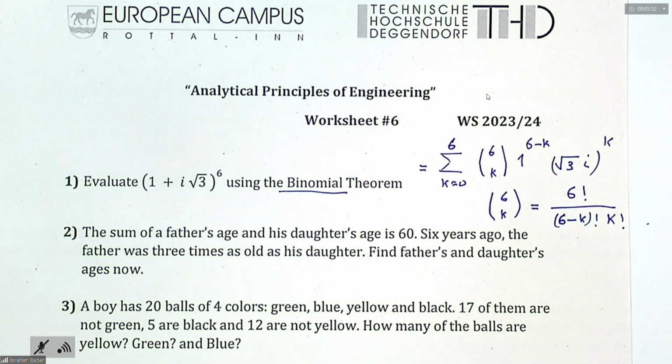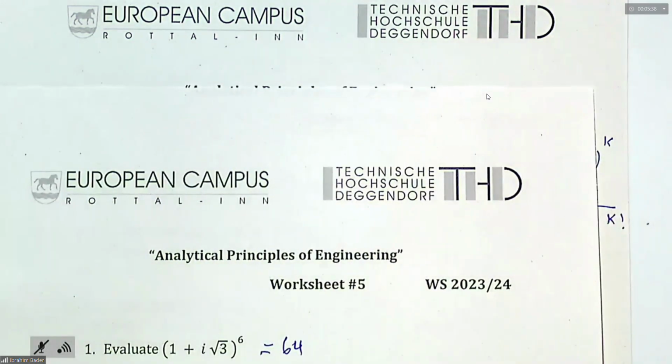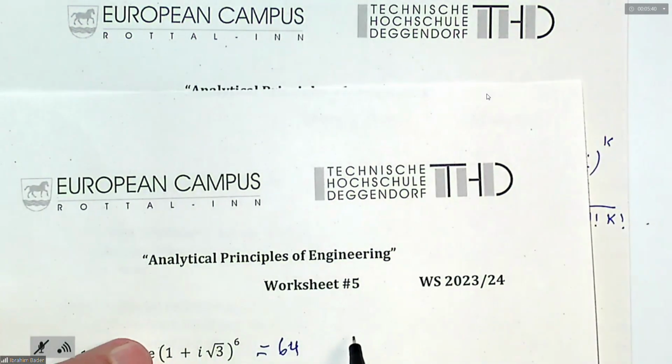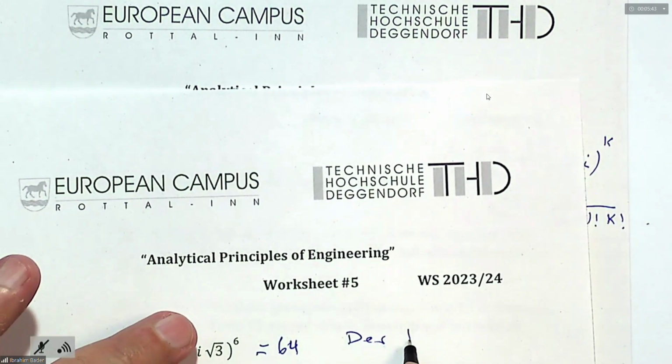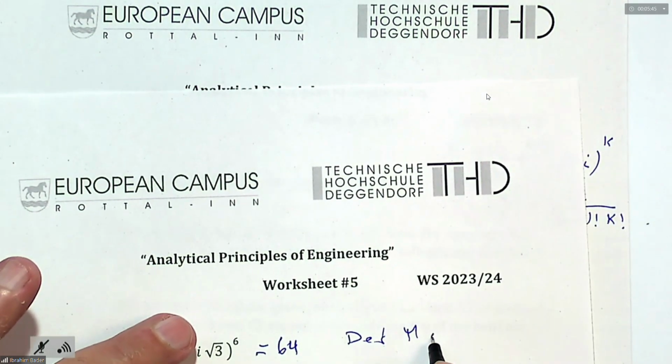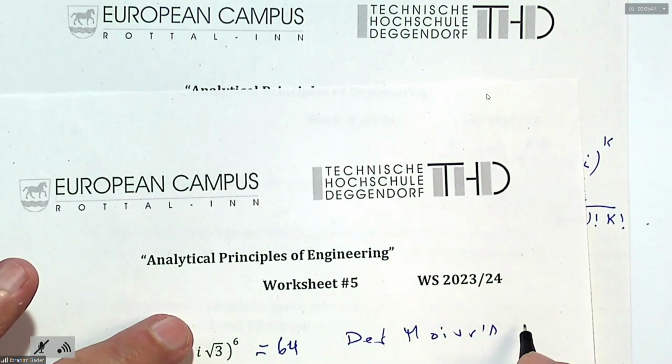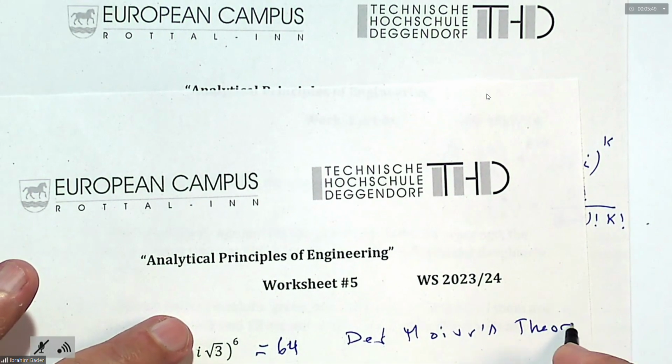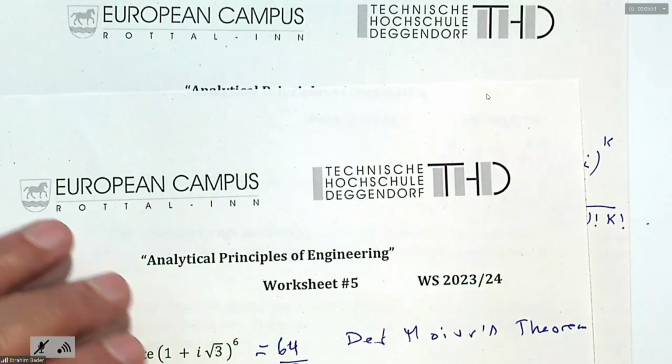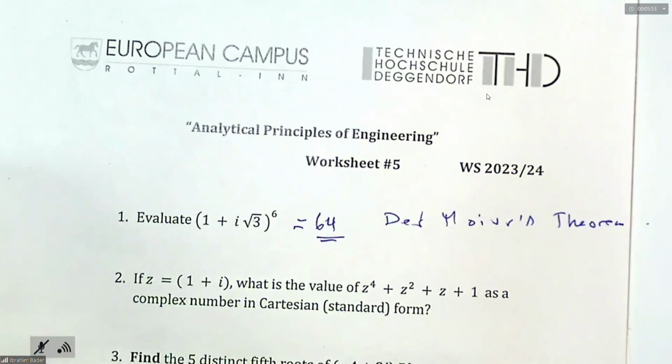And you remember we solved this in worksheet number 5. We solved it there using de Moivre's theorem, and it was 64. Of course, here it will be also the same.